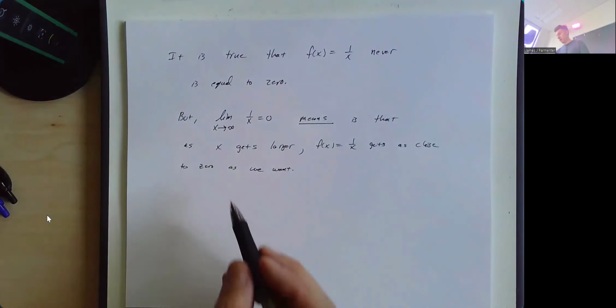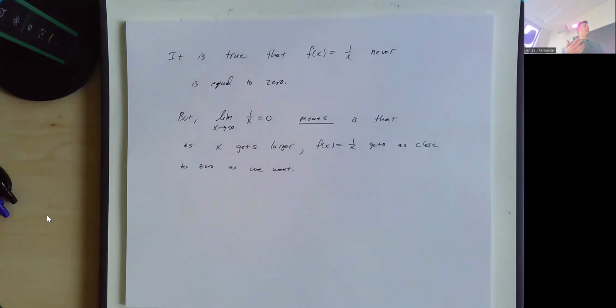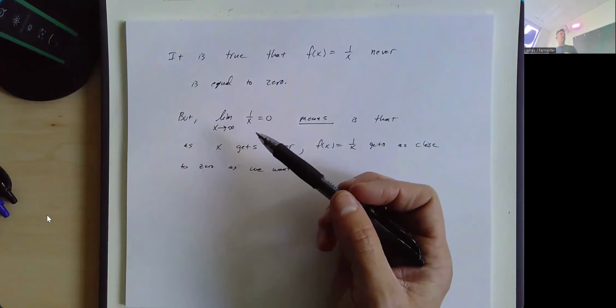So all this expression means is that the function 1 over x gets really, really close to 0. But instead of saying all those words every time, we're going to use the shorthand notation, and we're all going to agree that we know that it means the function just gets really close to 0. So this doesn't mean the function ever equals 0. It just means it gets really, really close to it.